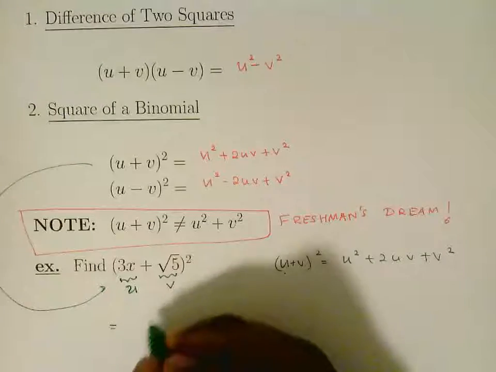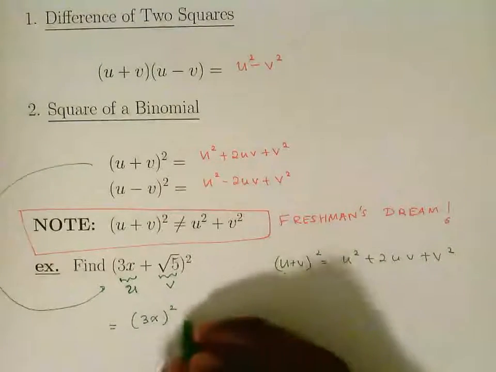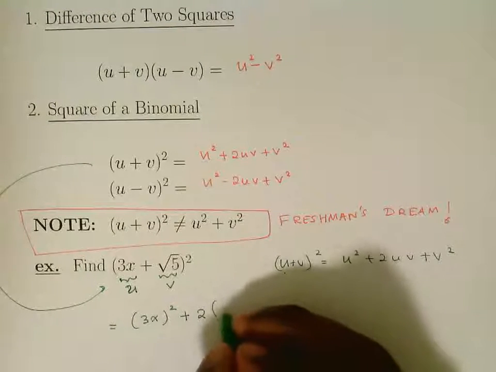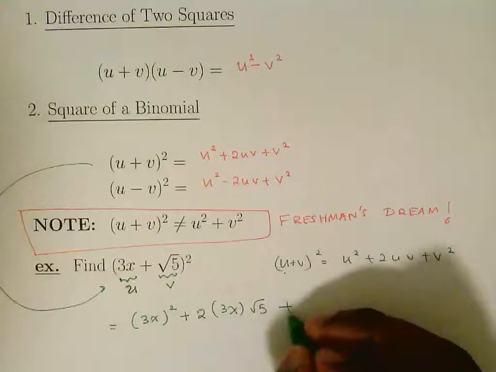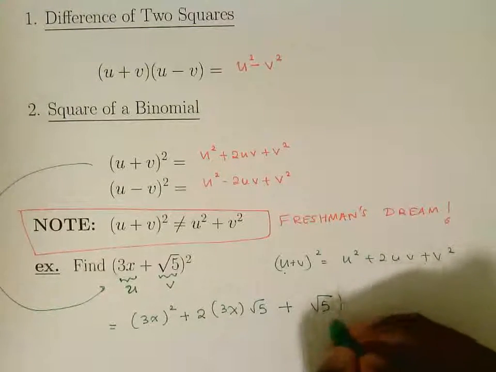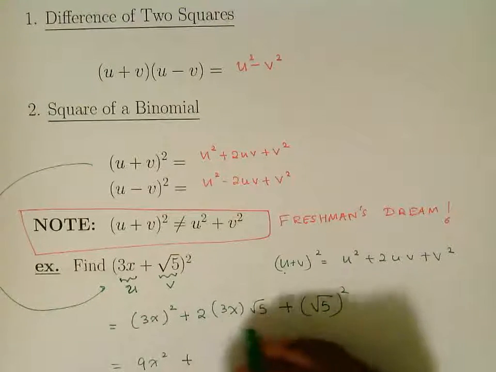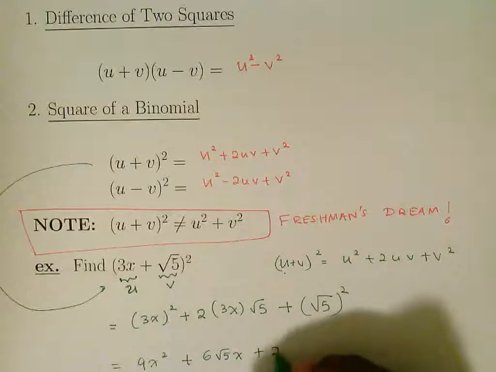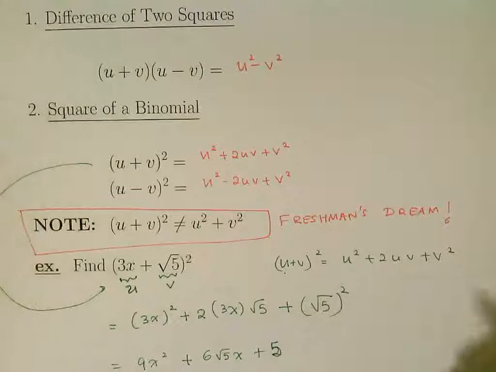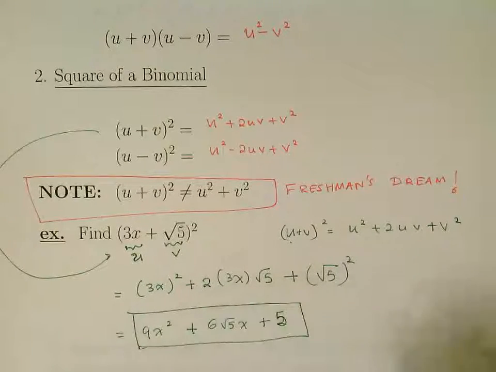So the formula reads as u squared, that would be use parenthesis squared, plus 2 times u is 3x, v is root 5, and then last one is root 5 squared. So you end up with 9x squared plus 6 root 5 x plus 5. Square root of 5 squared is 5. So that's the end. There's no further simplification, and that is the polynomial you're looking for.